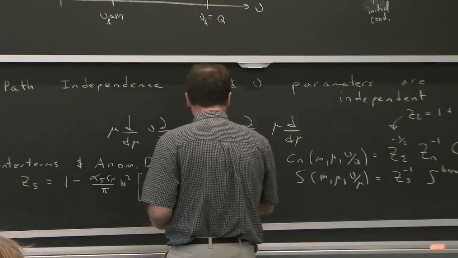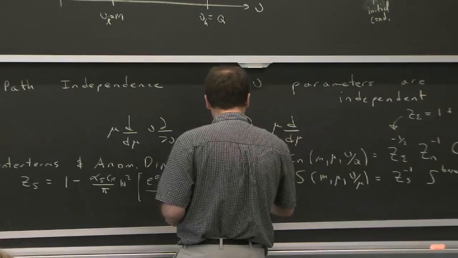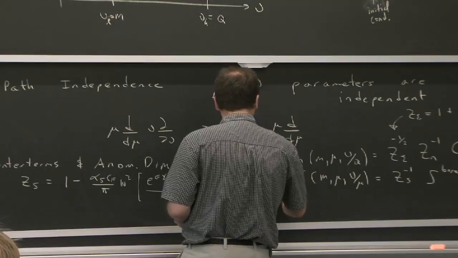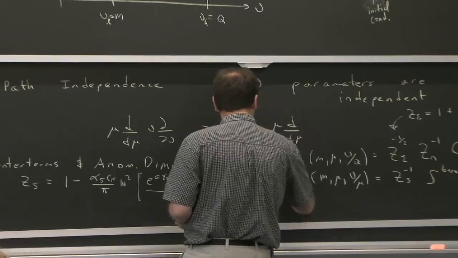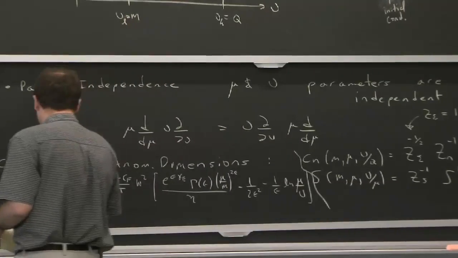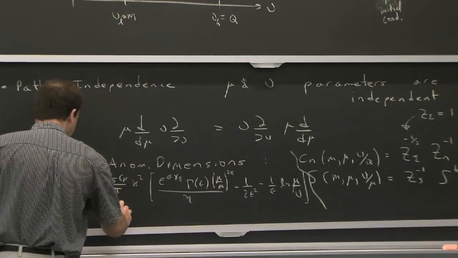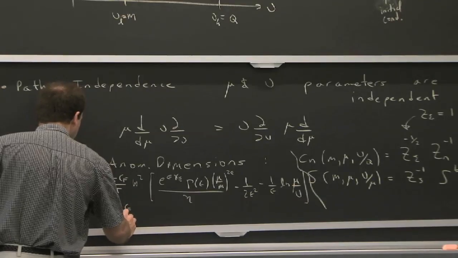So we simply subtract all the poles. Minimal subtraction. I'm always going to only write Zn because Zn bar is really the same.